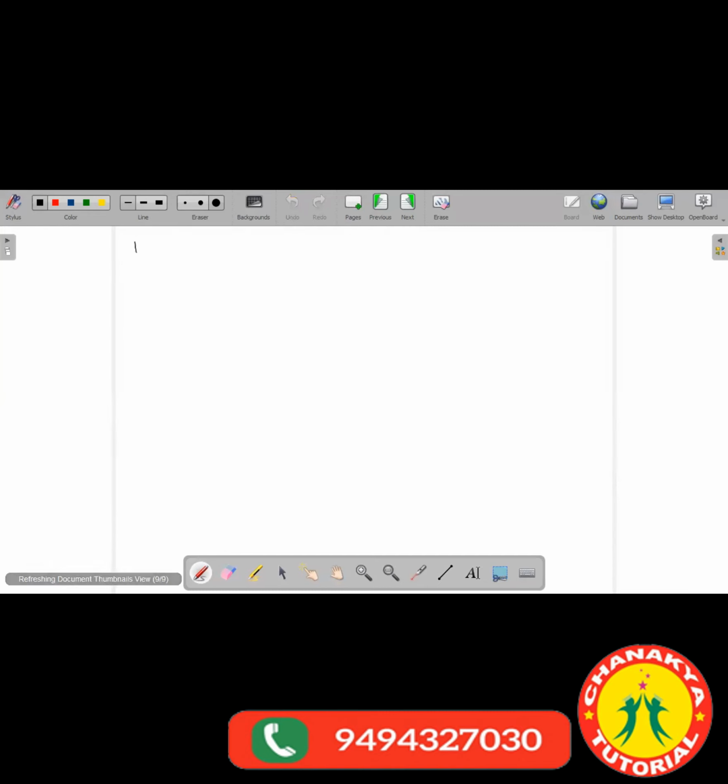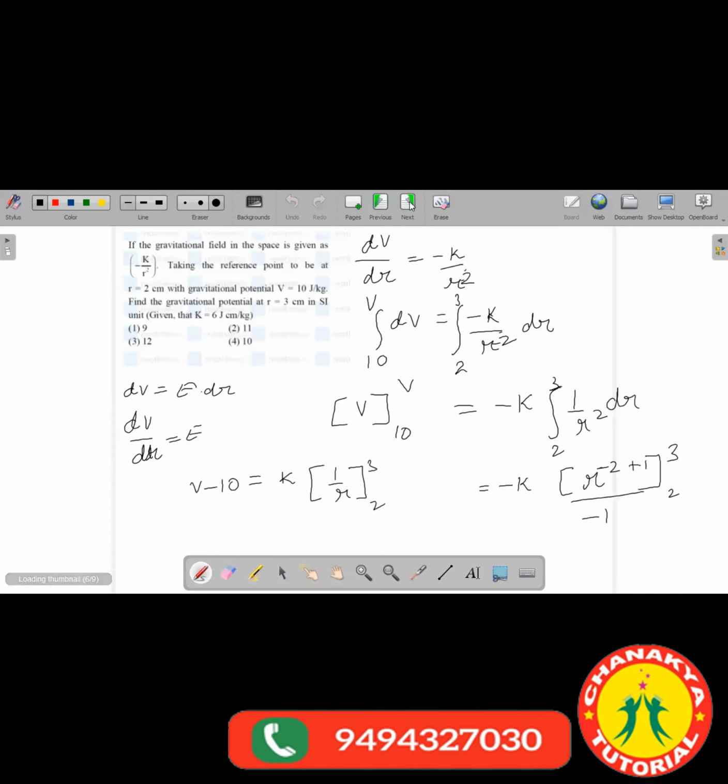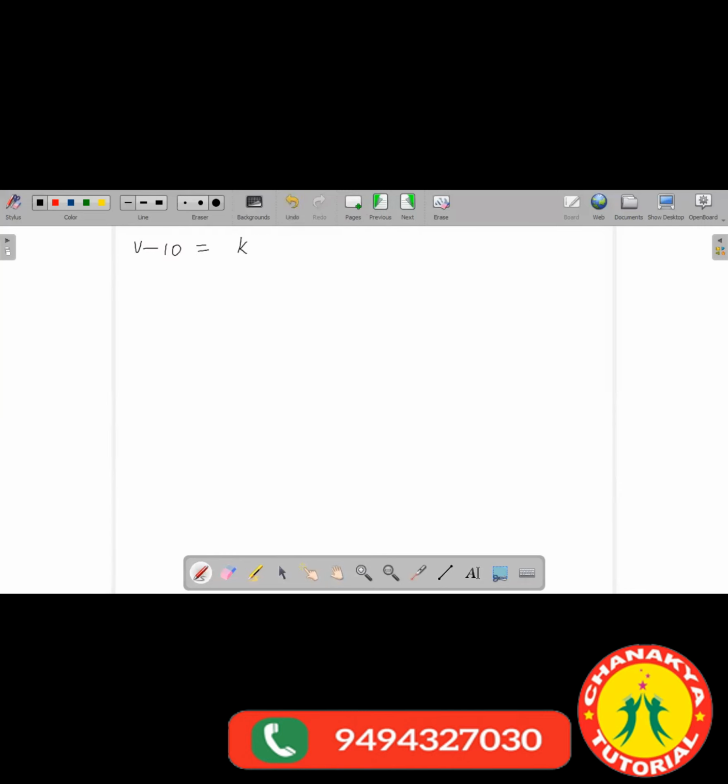So let's take it. We have V minus 10 equal to K times 1 over R, from 2 to 3. Now, K is in centimeter.